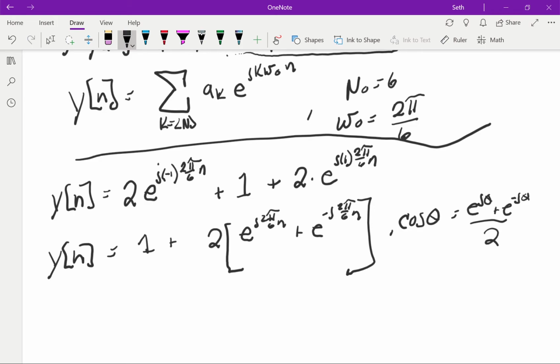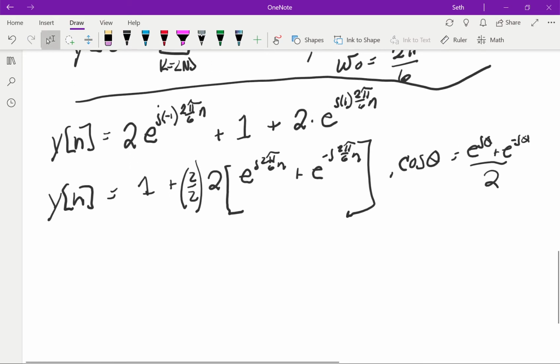So if we multiply by 2 over 2 here, that's just 1, so that's valid. We can bring this 2 into the denominator here.